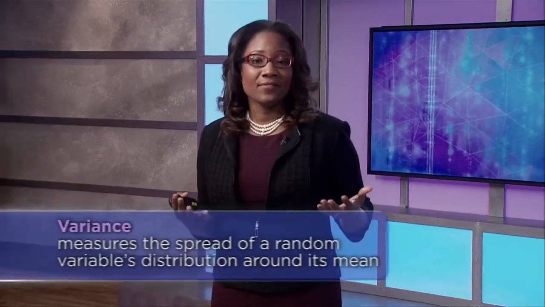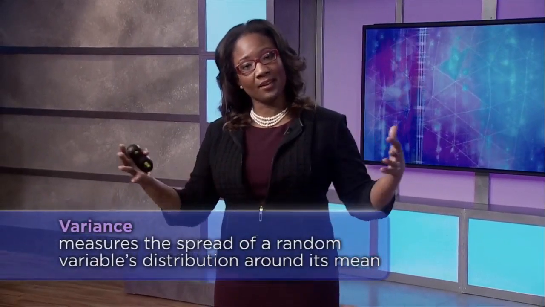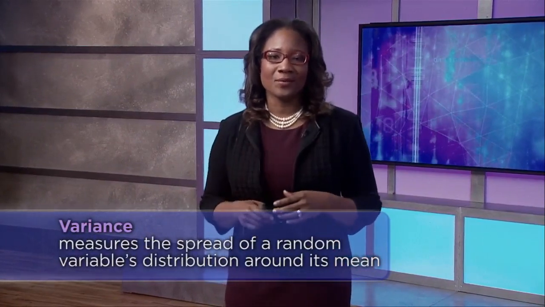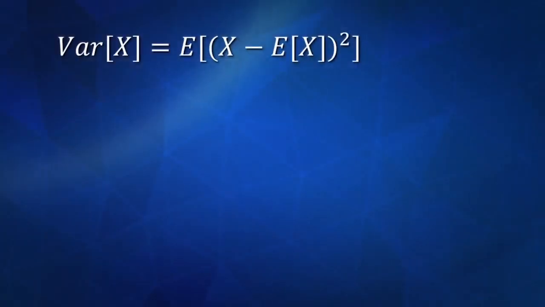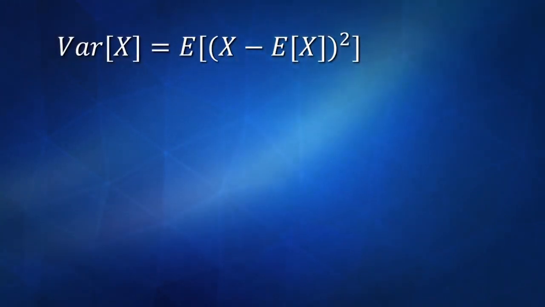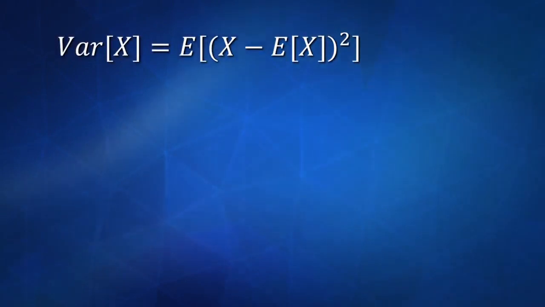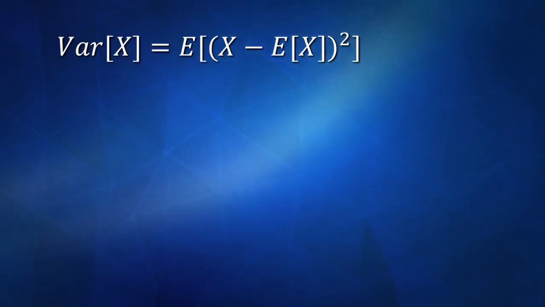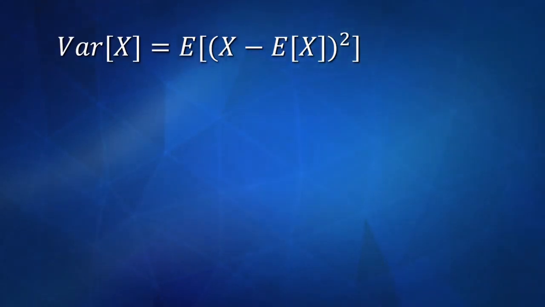Now, we talked about the variance before, but now I want you to consider it in context of a random variable. By definition, we said the variance measures the spread of a random variable's distribution around its mean. Let's look at it for a discrete random variable. Here, the variance of x is going to be the expected value of x minus its mean. Okay, so x minus E of x, and we're going to square that. So similar to what we did before, except now we're looking at random variables.